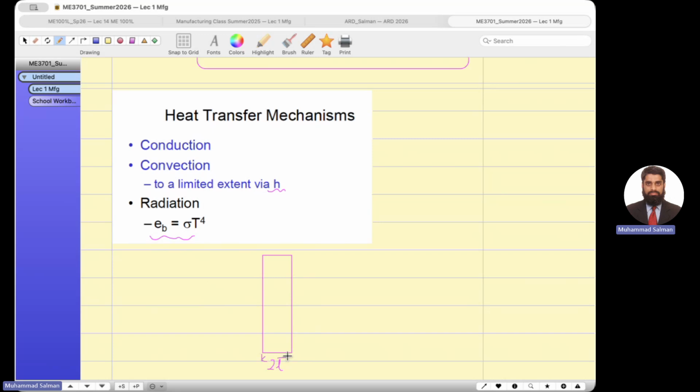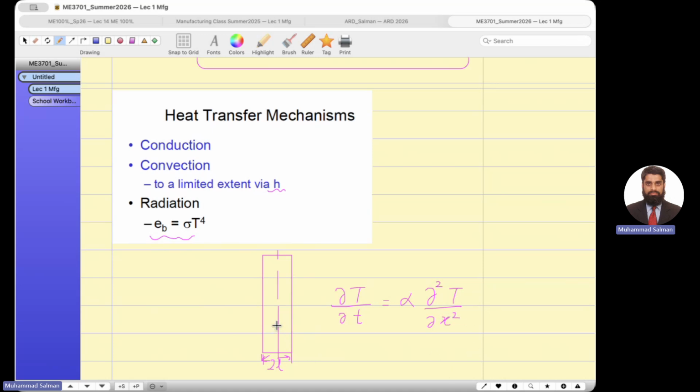It could be 1L, but 2L is for our convenience, because we usually take the middle of the wall thickness as the reference, and then it becomes L. The theory behind it: the partial derivative of temperature over time equals alpha times the second partial derivative of temperature with respect to space x.